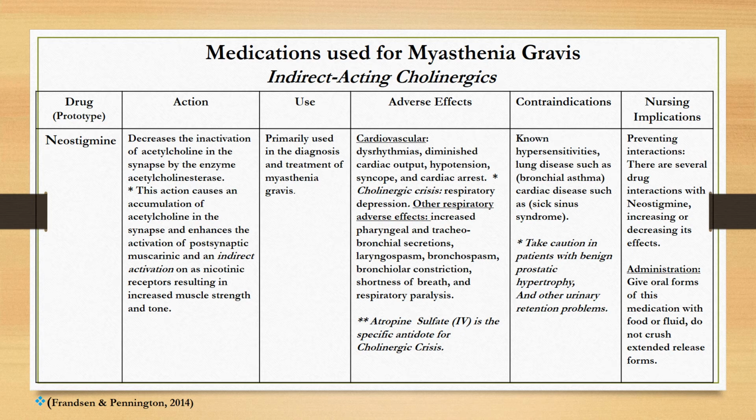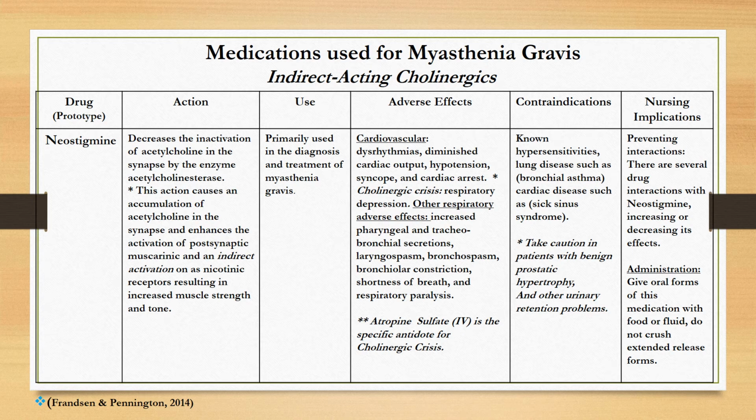Also, sick sinus syndrome, a cardiac disorder, and what that is, sick sinus syndrome, okay, so that meaning the sinus node is sick, and you can see arrhythmias develop, either tachycardia, bradycardia, or a mix of those. Usually you'll see sick sinus syndrome with older individuals. It's rare to see it in younger adults.